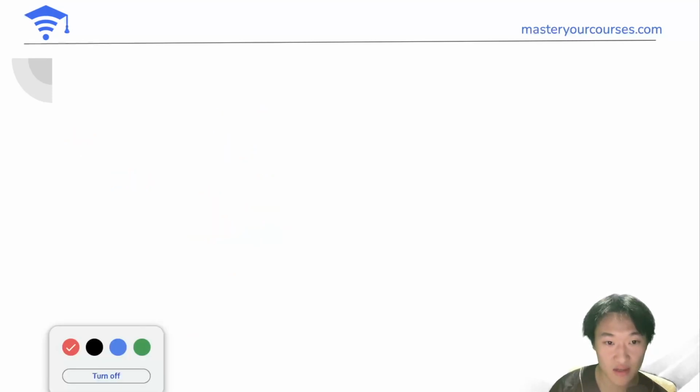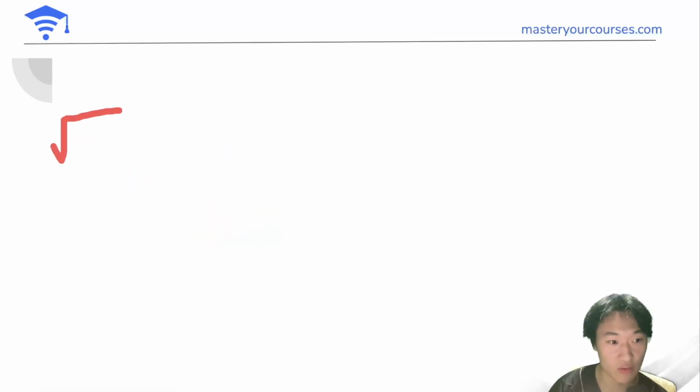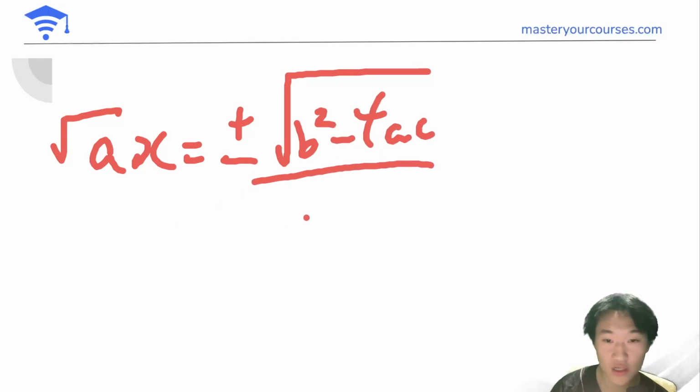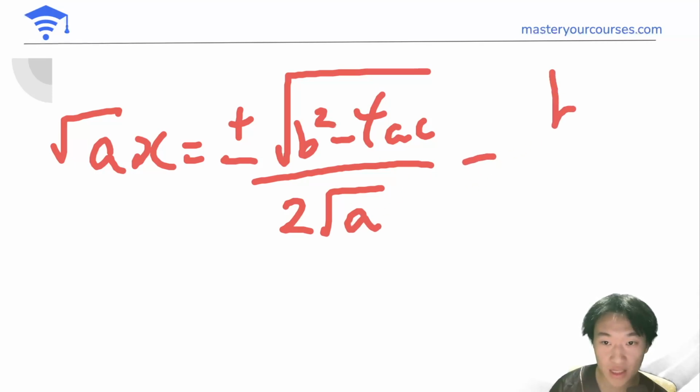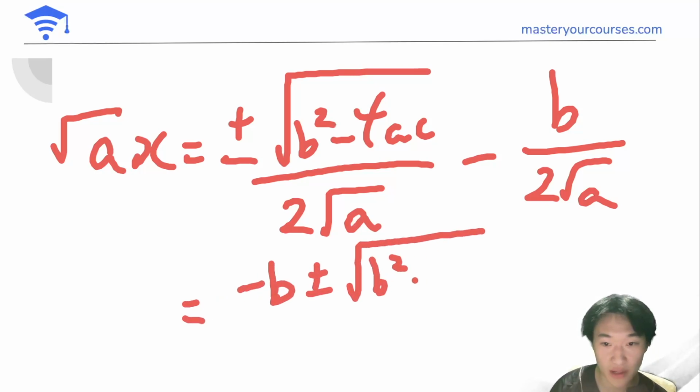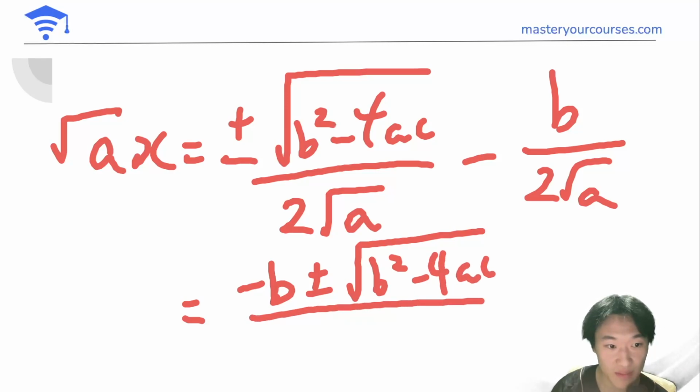We get square root of a times x equal to plus minus the square root of b squared minus 4ac all over 2 square root of a, minus b over 2 root a, which is equivalent to minus b plus minus the square root of b squared minus 4ac, divided by 2 square root of a.